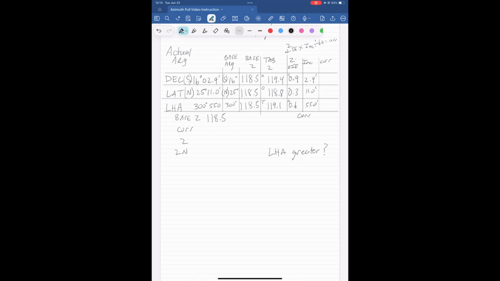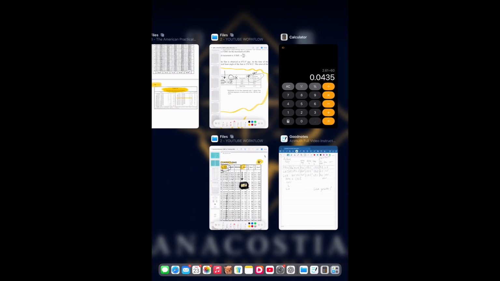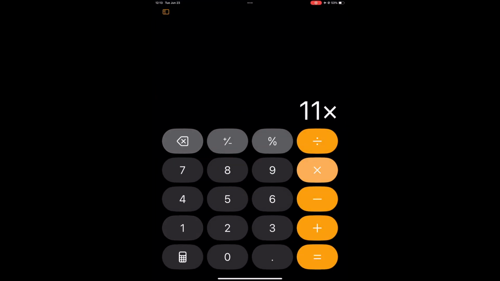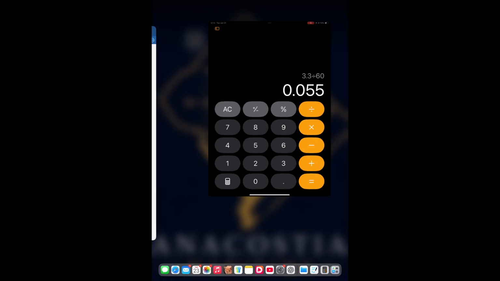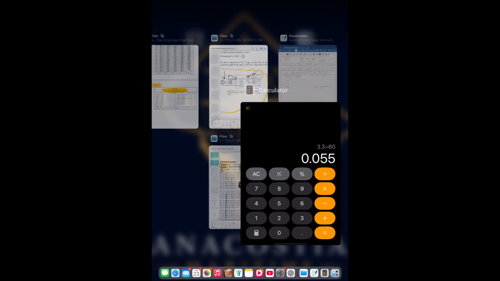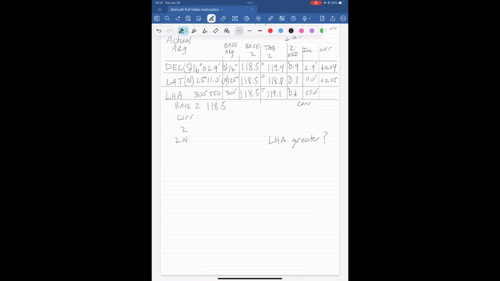All right, 2.9 times 0.9 divided by 60. And 0.04, plus 0.04, okay? 11 times 0.3 divided by 60. 0.05, plus 0.05, okay? 55 times 0.6 divided by 60. 0.55, plus 0.55, okay?